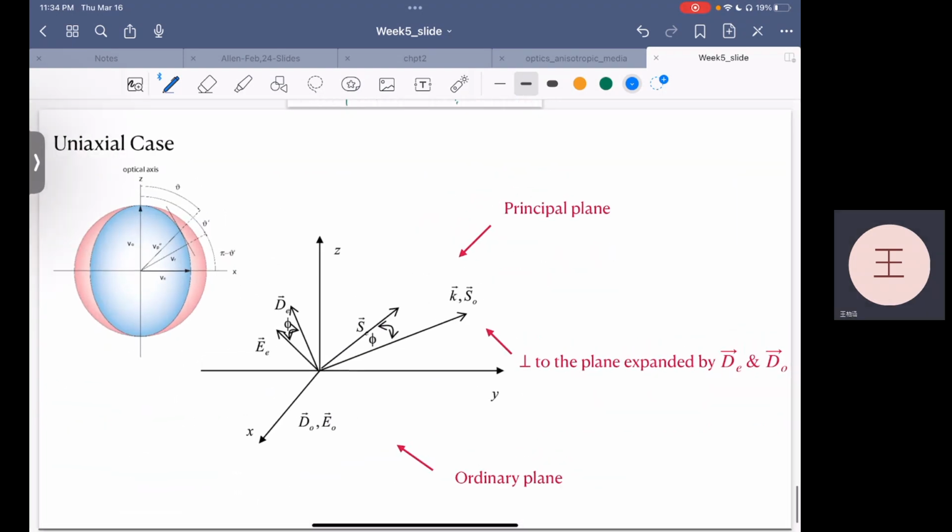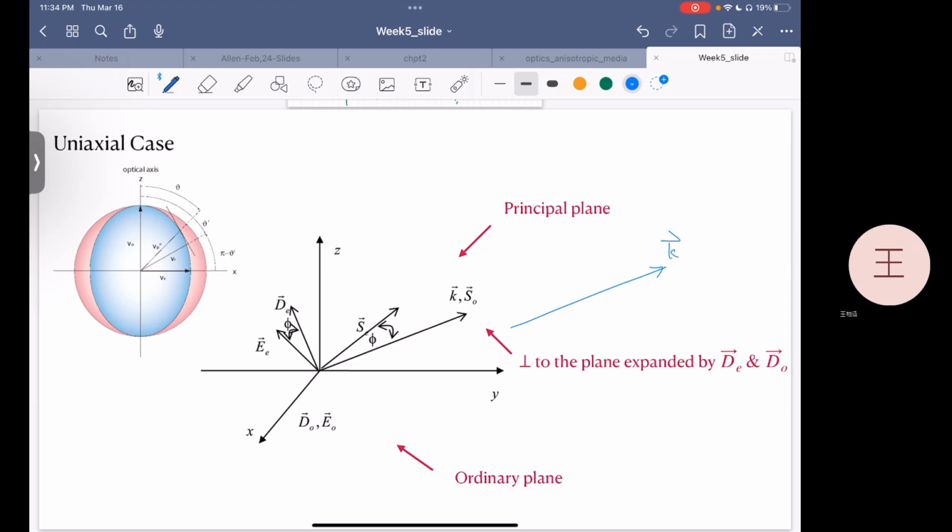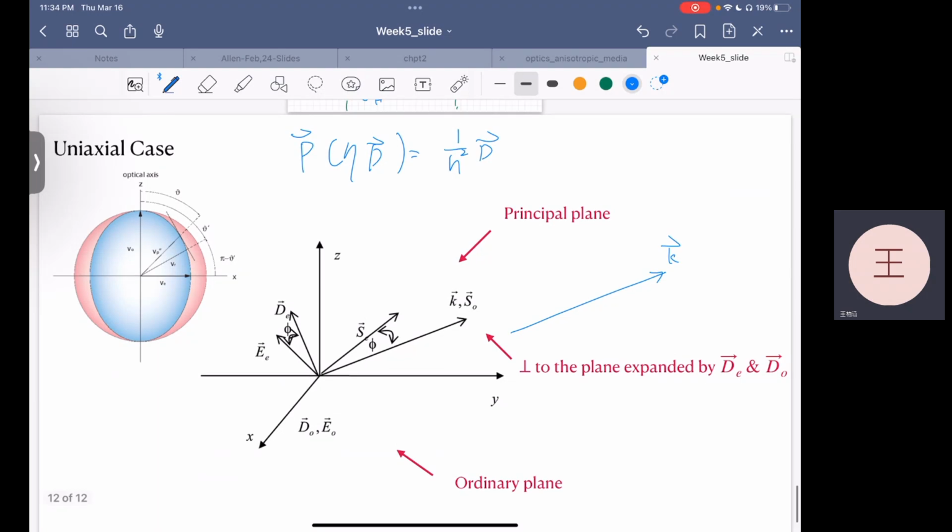So just to conclude the uniaxial cases, given an electric field, given a propagation direction K, then from the linear algebra view, it would give us two components that are perpendicular to each other.